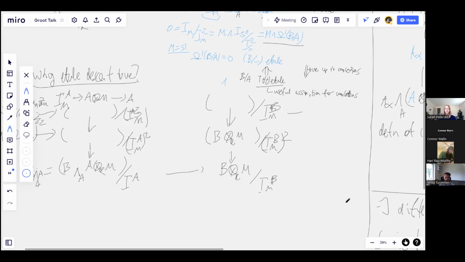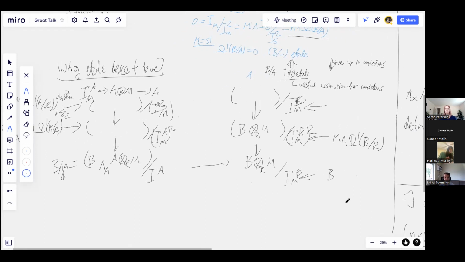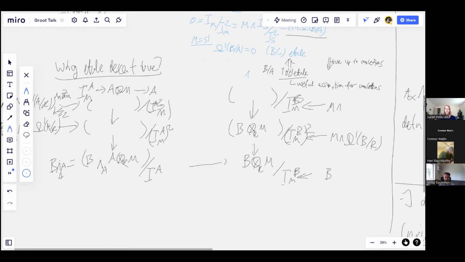And the fibers over here are going to be, this is going to be B, this is going to be M smash omega 1 B over R, and this is going to be M smash omega 1 B over R smash 2 times over B tensor M.